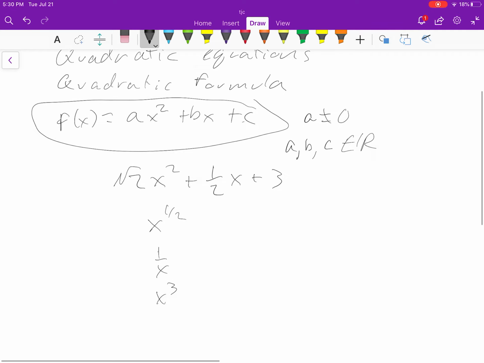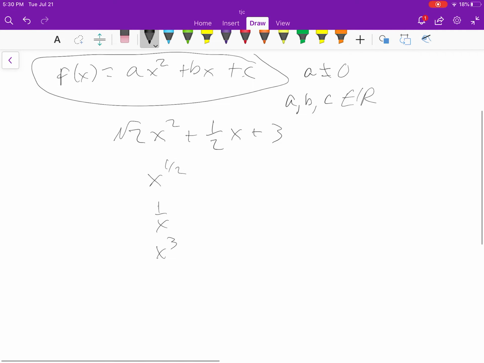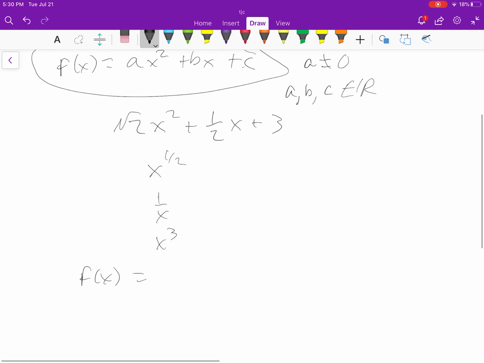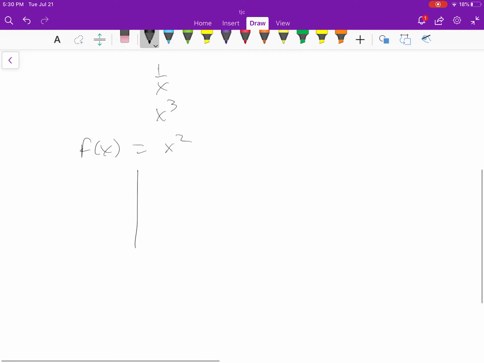Now, you do know a couple of these. You know one in particular quadratic function. That's the function f of x equals x squared. You know what that looks like? It's a parabola.